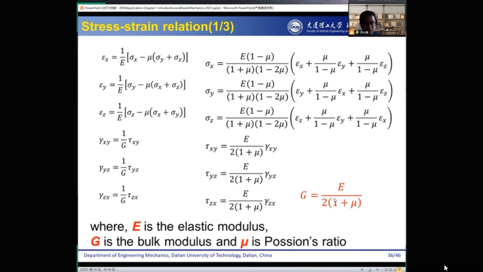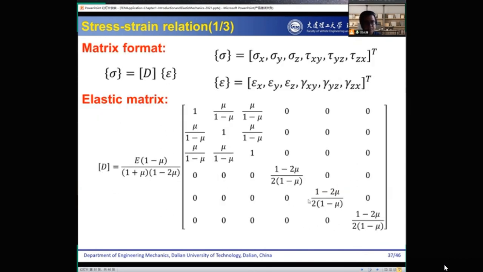There's a relationship between the different parameters. The stress-strain relationship can also be written in matrix format. And in the matrix format here, D is the elastic matrix, or sometimes we call it the stiffness matrix.